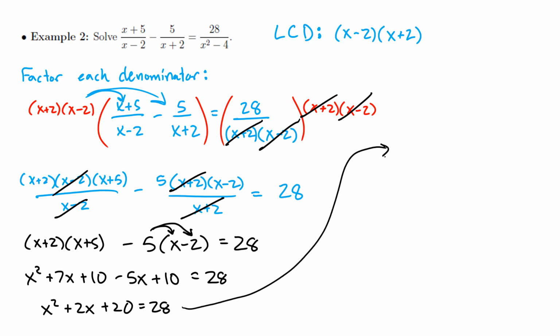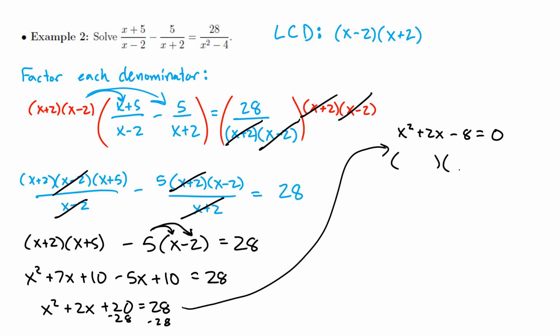So in a situation with a quadratic, we want to typically get one side equal to 0, so we'll go ahead and take 28 away from both sides. So x squared plus 2x minus 8 equals 0. And that looks like something that can factor without too much trouble.